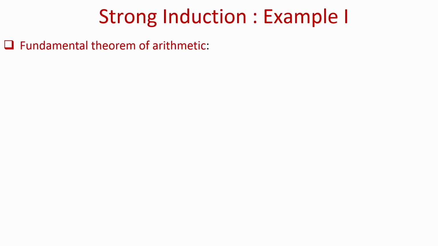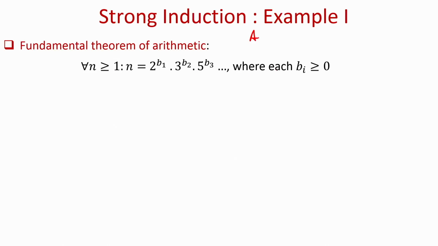So, let me demonstrate this. I prove what we call the fundamental theorem of arithmetic, and the fundamental theorem of arithmetic says that you take any positive integer starting from 1 onward, it can be expressed as a product of prime factors or prime powers basically.